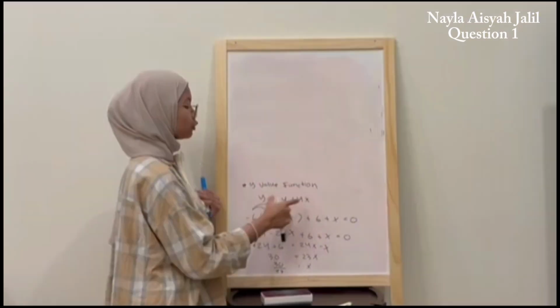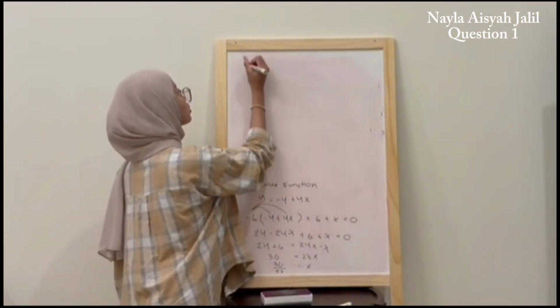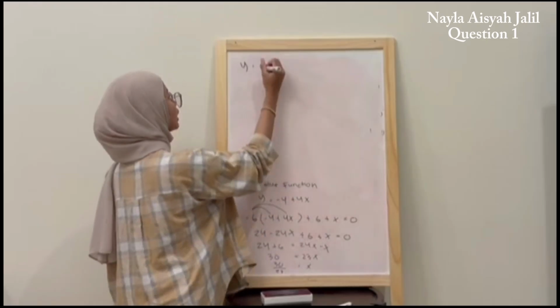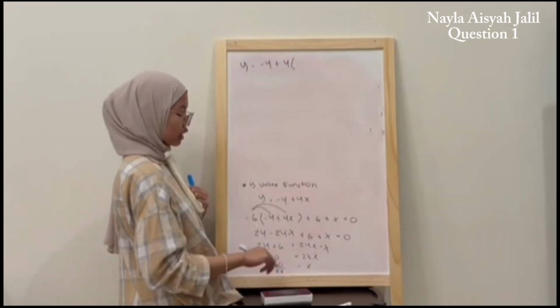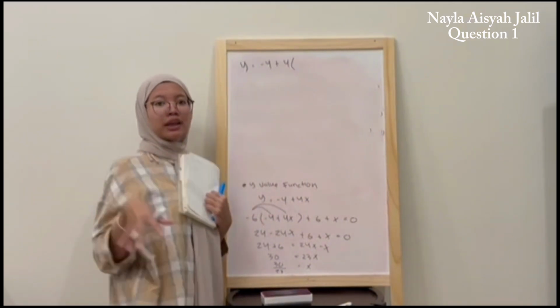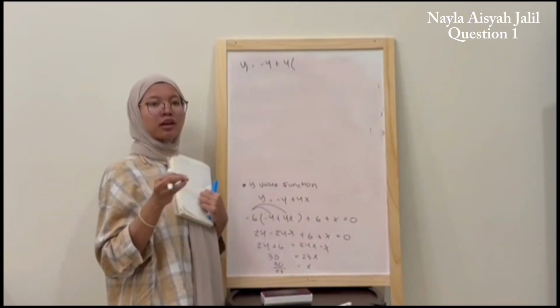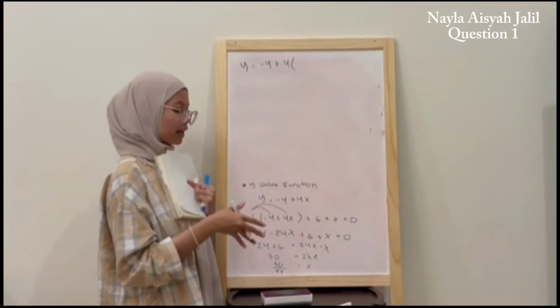So now the function to find the y value. So y equals minus 4 plus 4x. Why use fraction? Because to avoid rounding error. If it is decimal, we can get calculation error. For this step, we can use fraction.